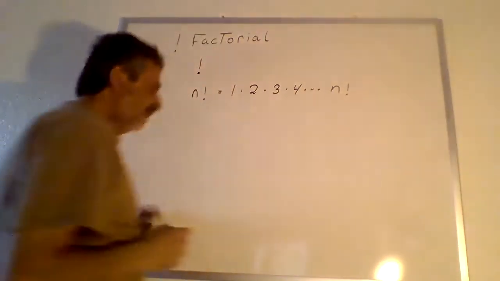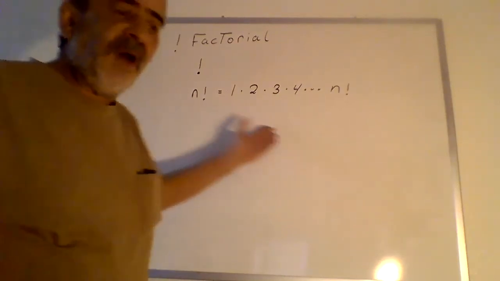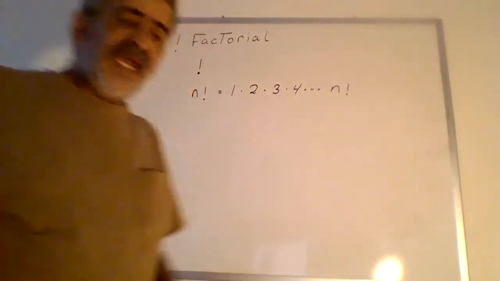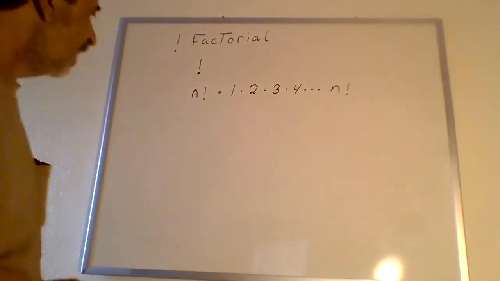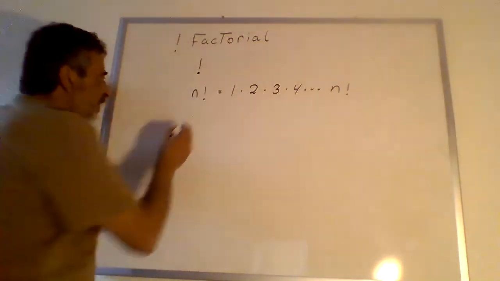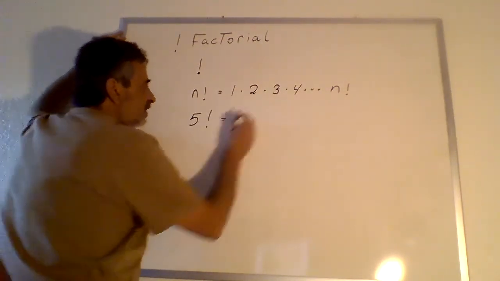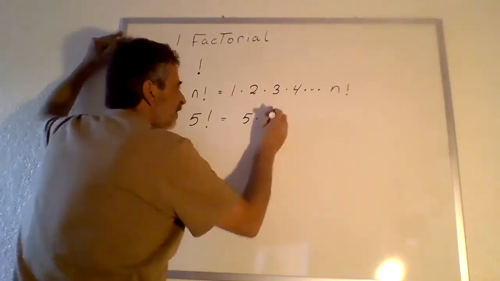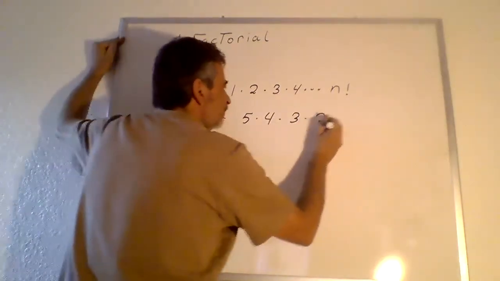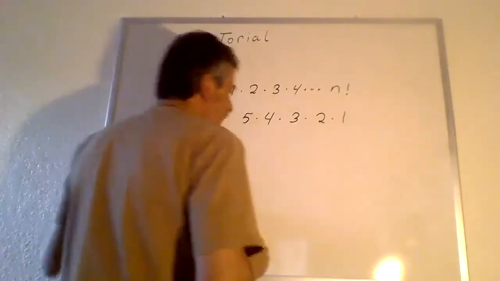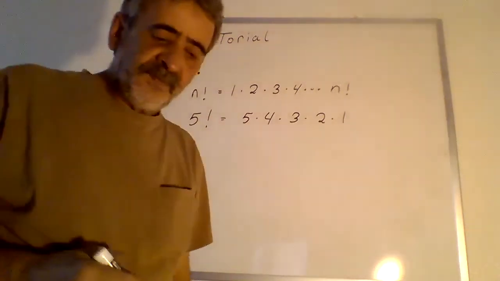So another way of saying it is n factorial means the product of n by every number below it until you get to 1. So for example, 5 factorial is 5 times 4 times 3 times 2 times 1. And that will give me 5 factorial.